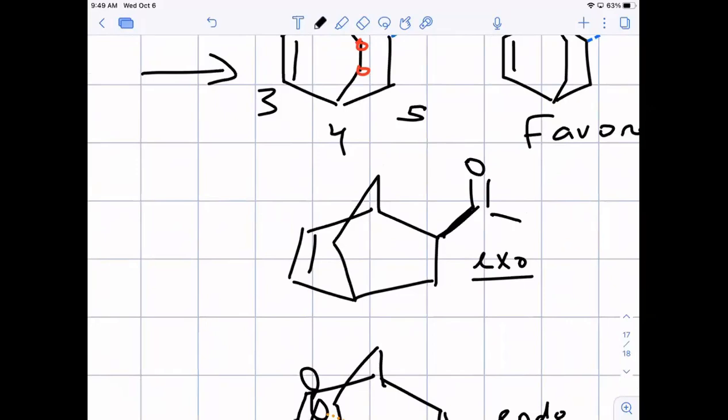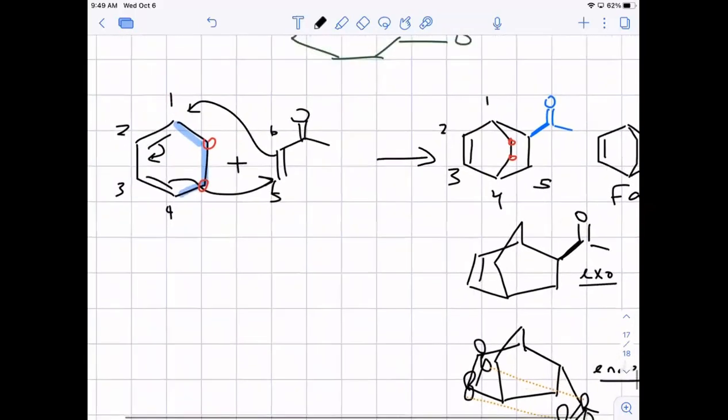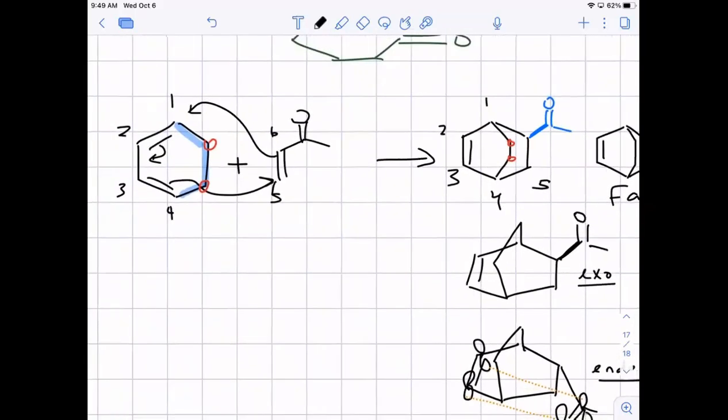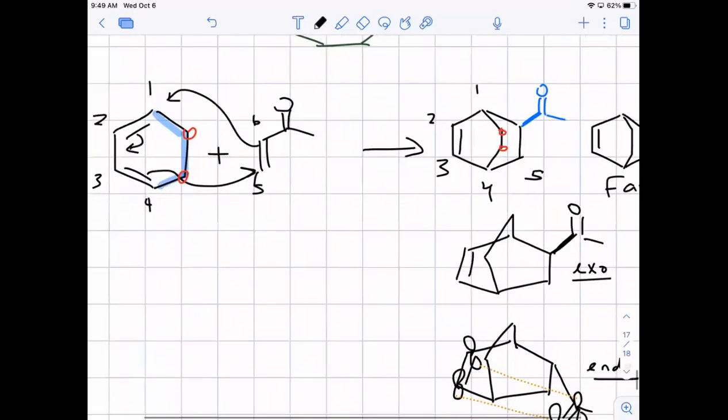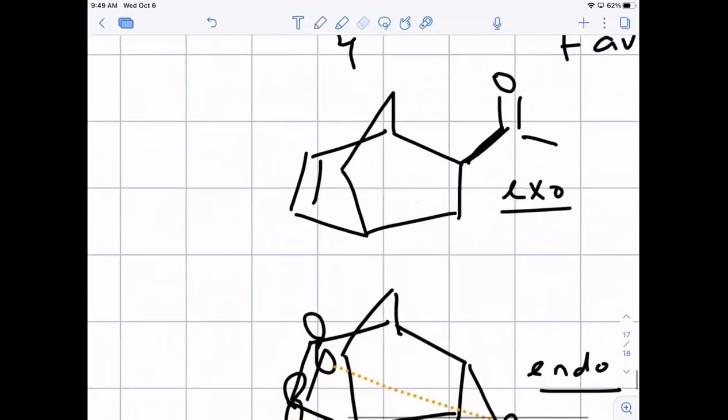But it's not going to be 95-5 or some huge ratio, because you still have no bias in the transition state to favor one of those stereoisomers over the other. But you will get a little bit more of the endo. Hope I answered it sufficiently. Yes, you did. Thank you.